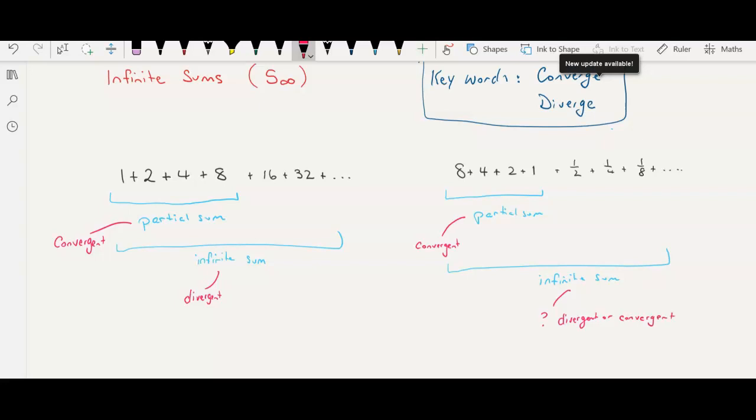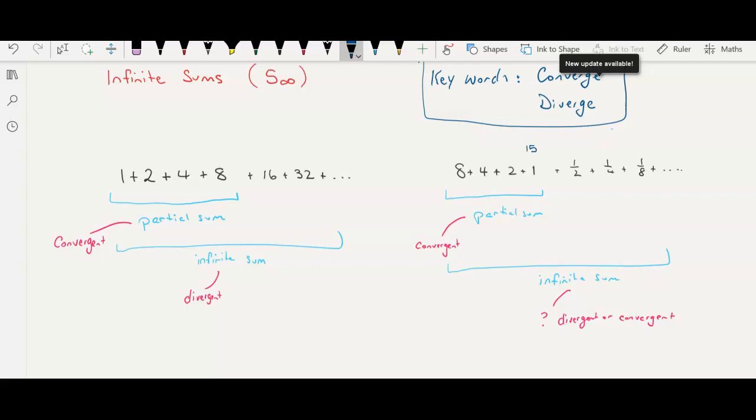Let's have a look at this. So we've got 8, 12, 14, 15, 15 and a half, 15 and 3/4. What's that now? 15 and 7/8, and the next one would be 15 and 15/16, then 15 and 31/32. If we look at our partial sums, we're up to here, we're at 15.